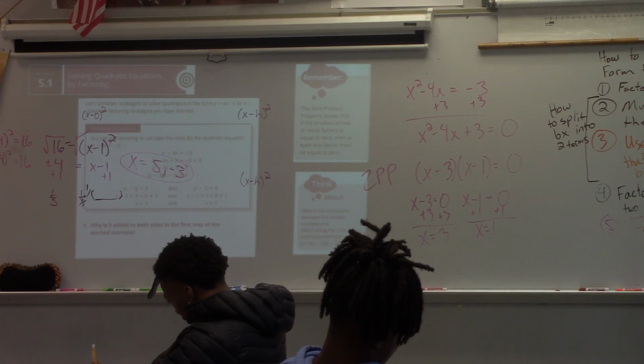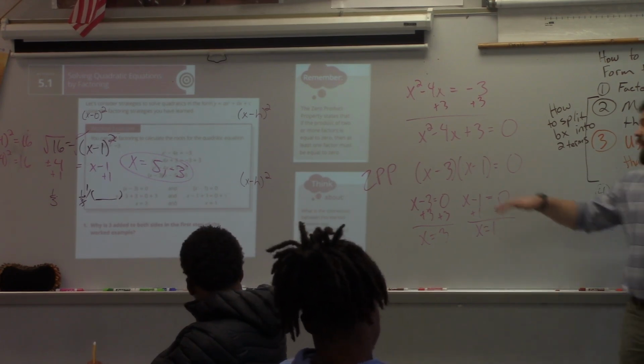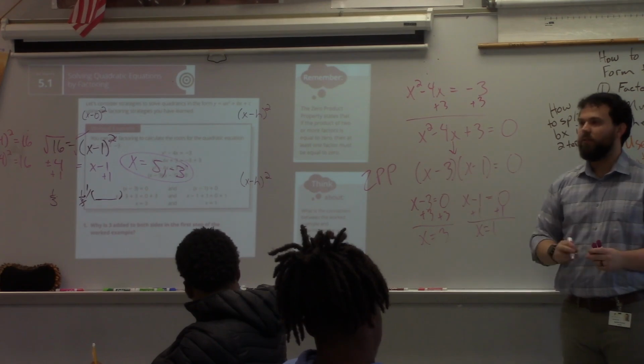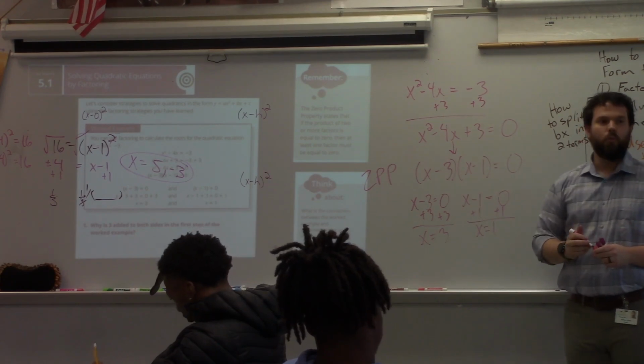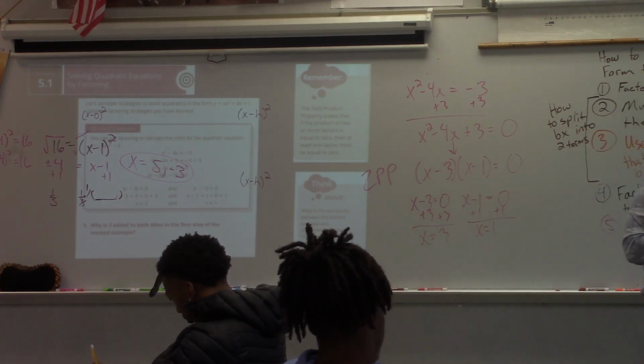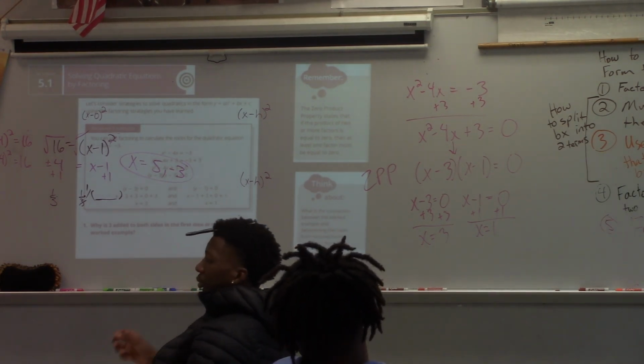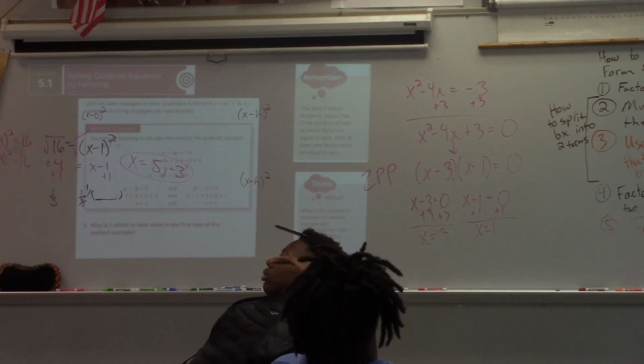That's the goal here. So what skill do we need to develop? I need to get from standard to factored form, so we need to practice doing that. We did that yesterday.